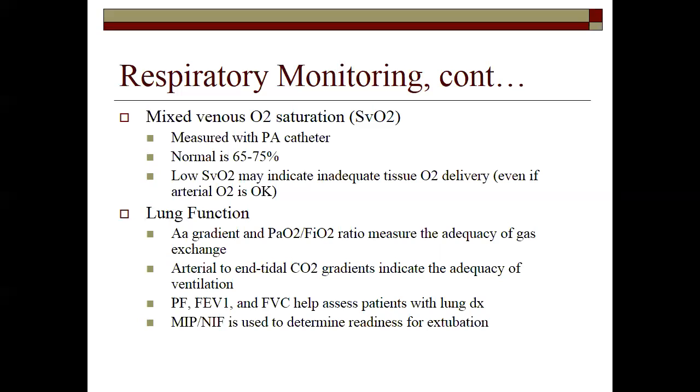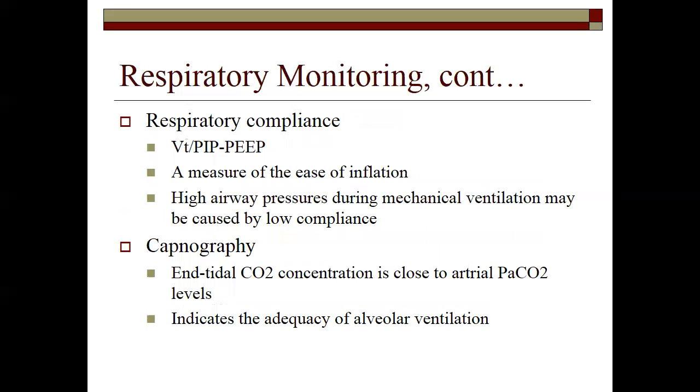So we're having more oxygen consumed out of the blood before it gets back to the venous system. Lung function is a mathematical formula between the gradients of the gas exchange and internal CO2 gradients. We can use it to assess the adequacy of ventilation. We'll talk about those when we get to vents.